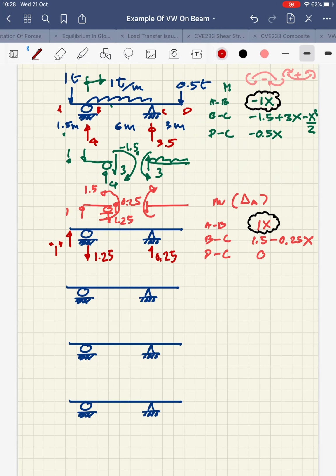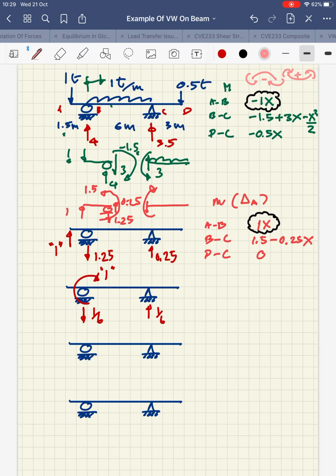And I can carry on and do the same for the next case, which is the calculation of the rotation at B. And therefore, I have to apply the unit moment this time, okay? And I apply the unit moment in a way that I have the clockwise rotation, which can be viewed as a positive value. So now I need to have a couple in the counterclockwise direction.